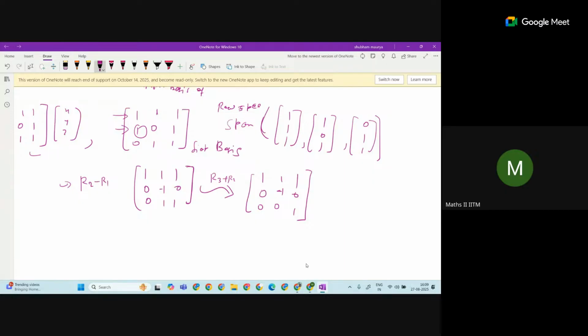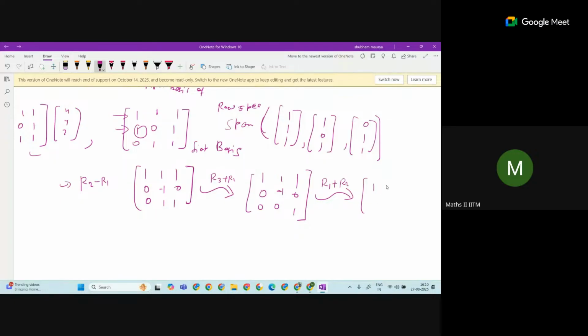Now this is in upper triangular form. From here you can say that the basis is this row, this row and this row. Let's do one more step, since a more simplified basis is needed. You can add R2 into R1.